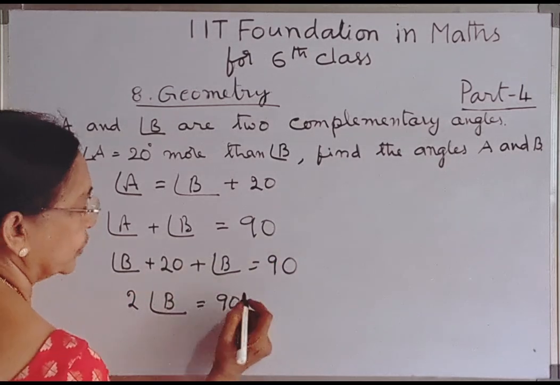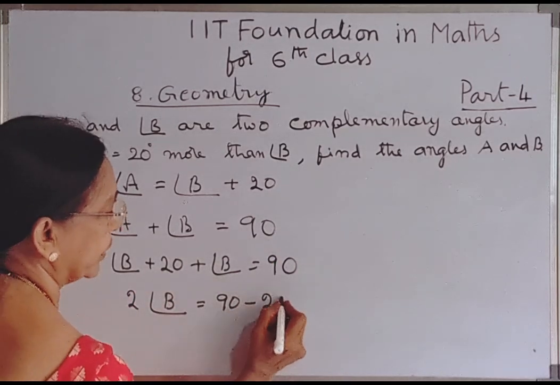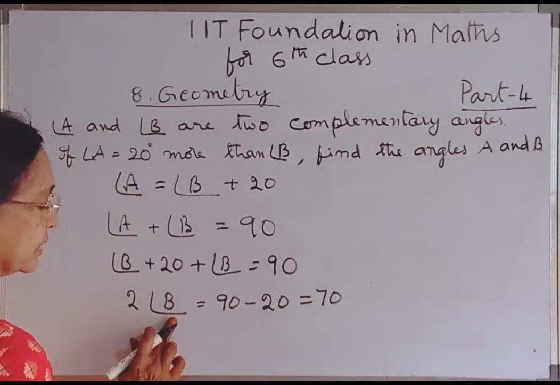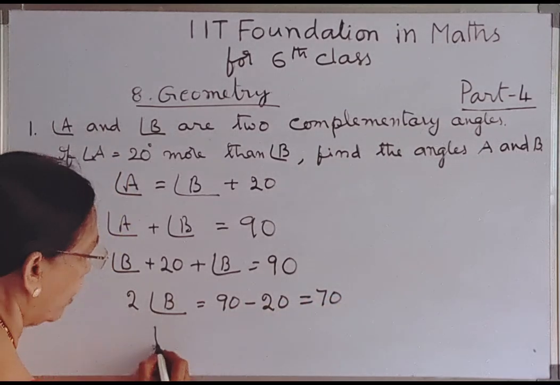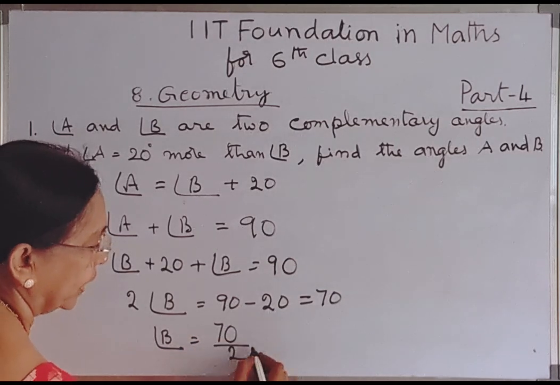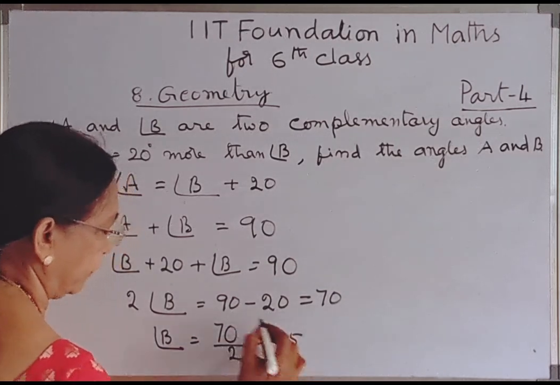This 20 taking to the other side becomes minus 20. 90 minus 20 is 70, that is 2 times angle B is equal to 70, or angle B is equal to 70 by 2, that is equal to 35.